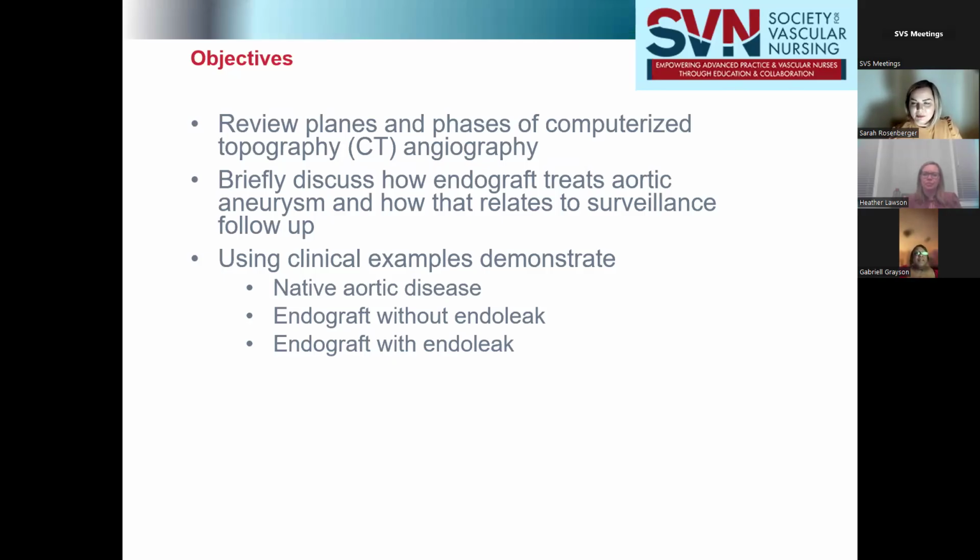We're going to talk a little bit about endograft treatment for aortic aneurysm and how that relates to the need for surveillance follow-up. Then we're going to use some clinical examples, some of my own patients, to look at examples of native aortic disease, endografts that were successful, and endografts with the dreaded endoleak, different types of endoleaks, and how worried we need to be about those.